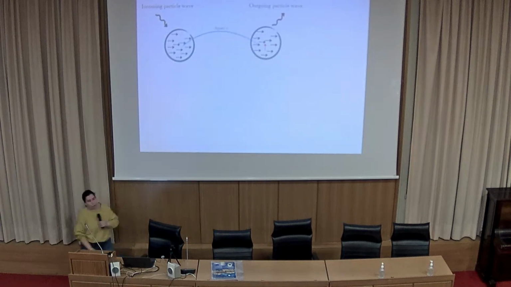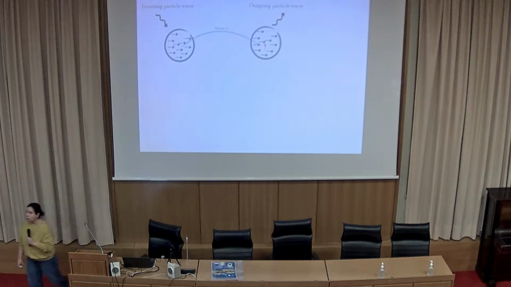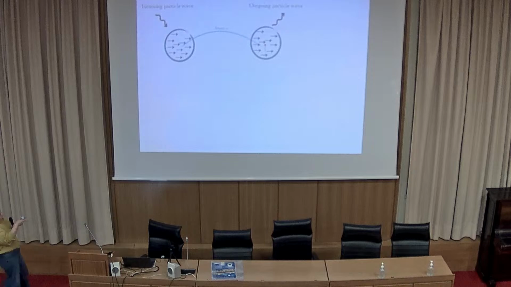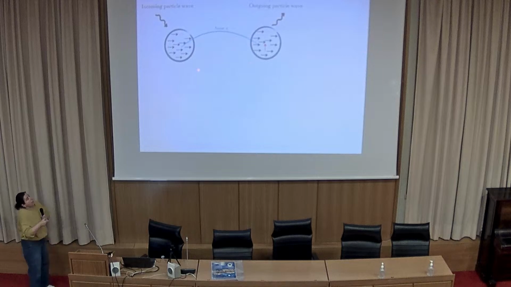Let's now prepare the atoms in an equal superposition of ground and excited. And so now let's calculate the rate to excite, and this is what this arrow denotes. Each atom is in equal superposition of ground and excited. Let's calculate the probability that the one atom gets excited.